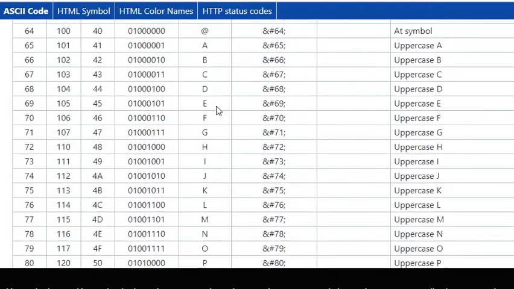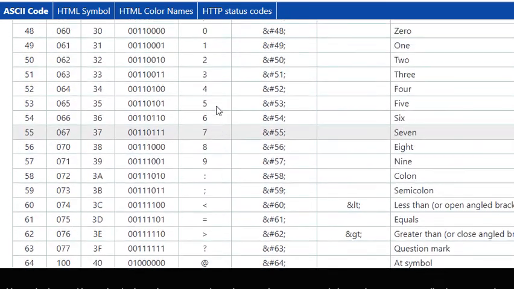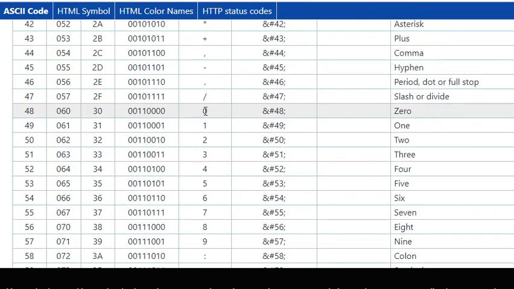So if you tell the computer, okay, I clicked 0 on the keyboard, what the computer does is translate it into this combination: 0011 0000.